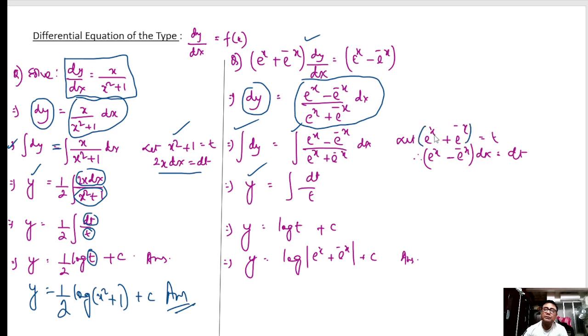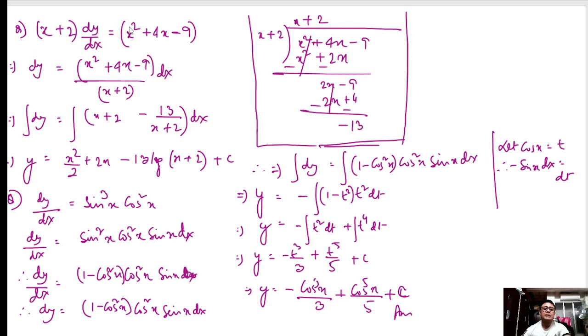Differentiation of e to the power x is e to the power x, and differentiation of minus e to the power minus x is minus e to the power minus x. So dx is dt, the upper part is our dt, and this is t. Integration of 1 by t is log t, and now replacing it, this is the solution of the differential equation here. Clear?